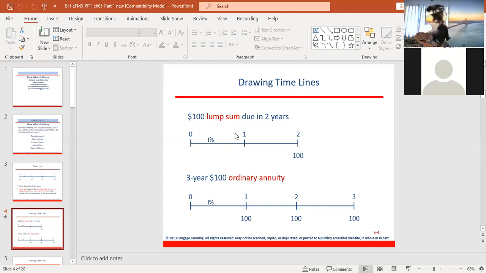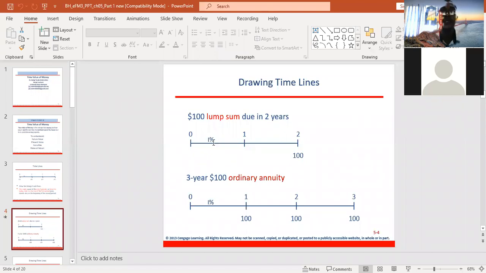In the first one, we are using a lump sum. If the question asks you to find a lump sum or the future value of a lump sum, you draw this timeline. It can be 2 years, 3 years, or 5 years.